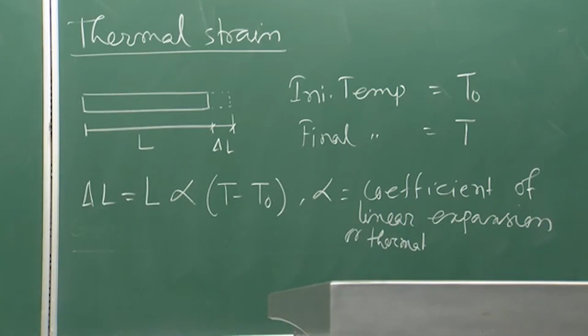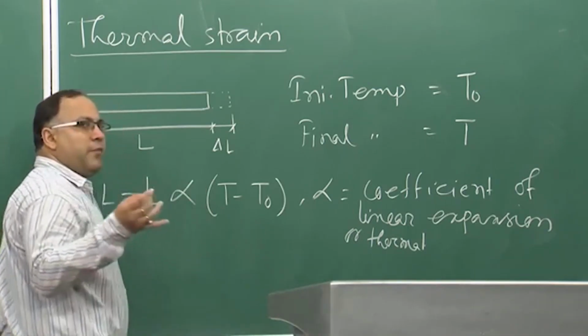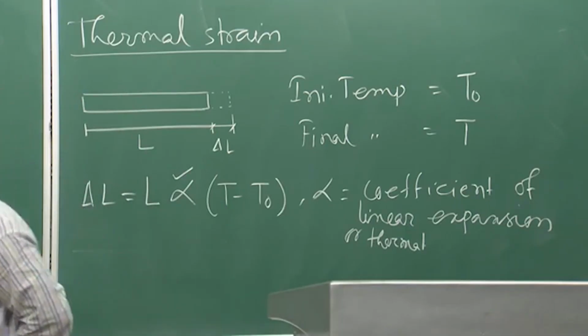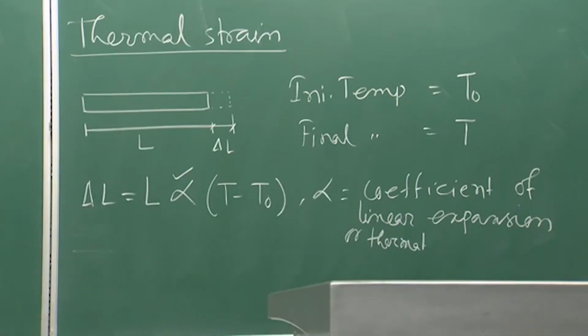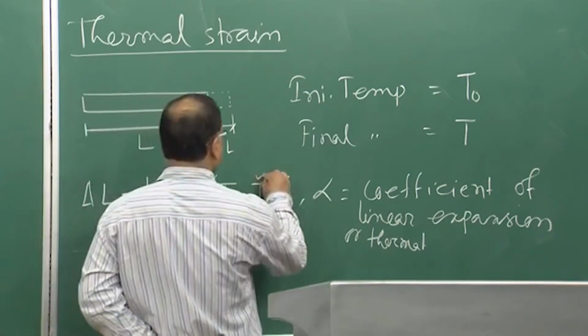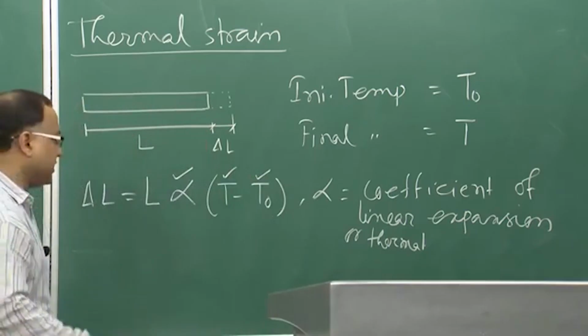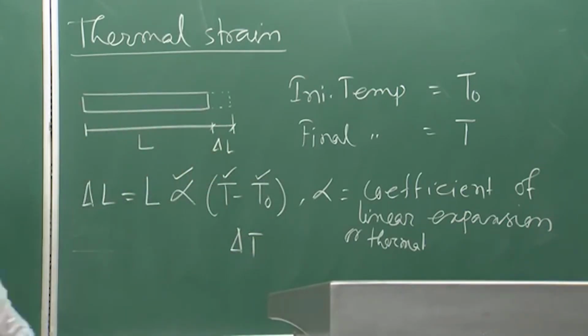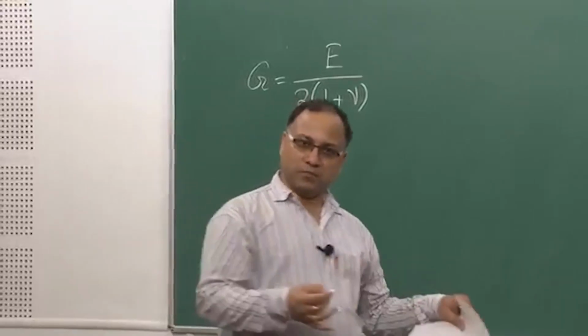Fine. It depends on the material, whether you use steel, copper or aluminum, the alpha value will differ, and you will get that from any standard book. If you know the initial and final temperatures, that means the delta T, the temperature difference, you can find out how much difference in length or how much elongation is happening. It could be elongation, it could be contraction, depending on the temperature rise or fall.